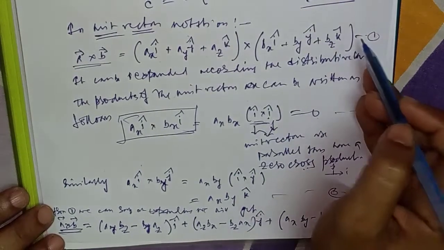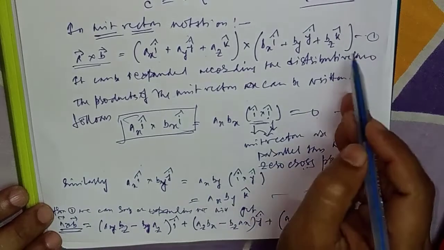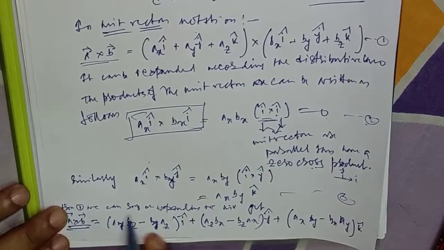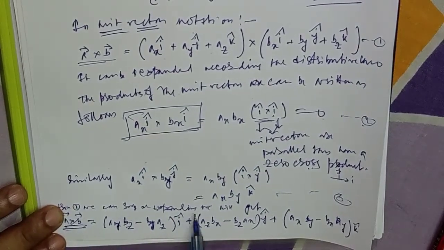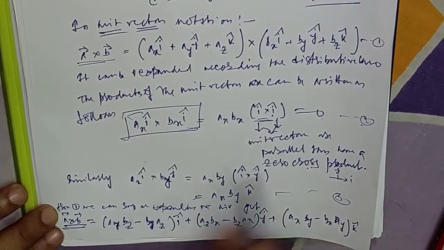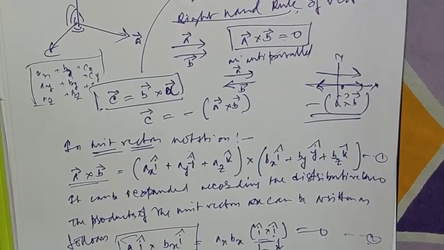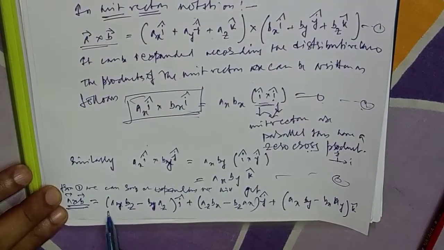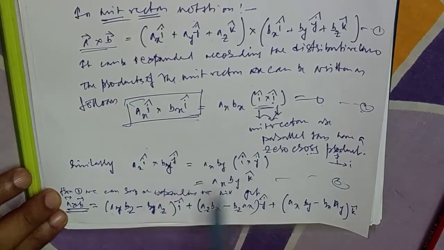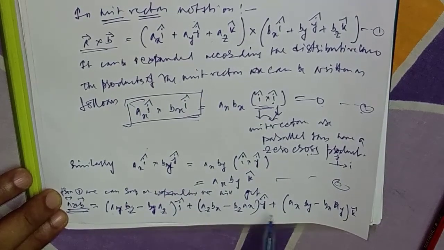So from 1, as I told you previously also, expanding this a cross b, we have done this a cross b. Now we did this a cross b expanding, because we are expanding one step ahead. So i, j, k.